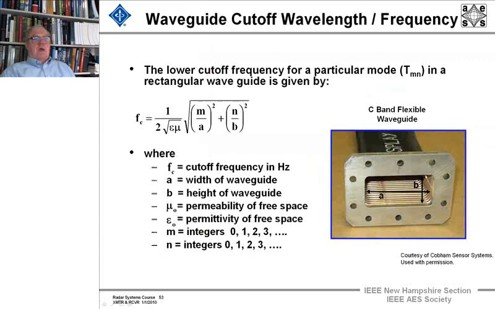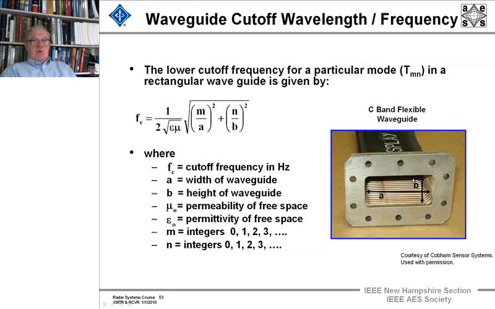Each waveguide has a cutoff wavelength or frequency, and that is a frequency beyond which you can't support modes. And the lowest active mode you can have would be a TE10 or a TE01 in a rectangular waveguide. And this is a C-band flexible waveguide where A is the long side, and it's approximately half a wavelength long.